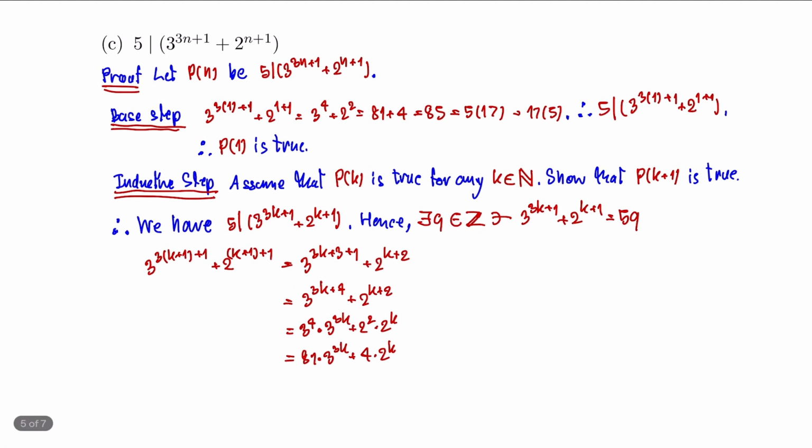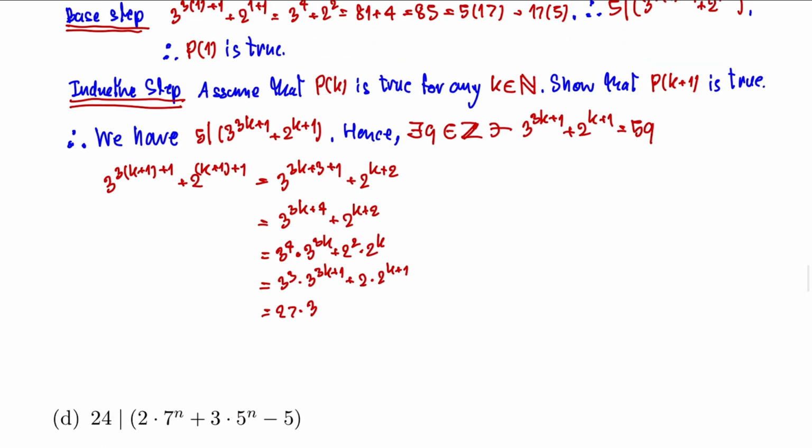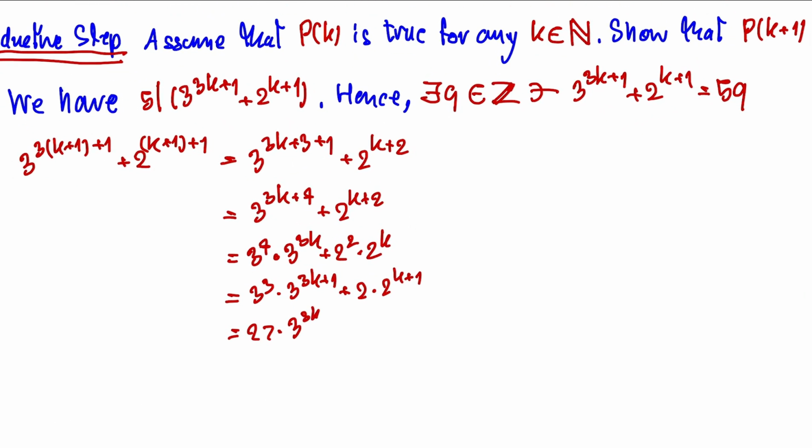I need to have 3k plus 1 here and k plus 1. So I'm going to have to erase this one. I'm terribly sorry. So we're going to have 3 to the 3 times 3 to the 3k plus 1 plus 2 times 2 to the k plus 1. So we're going to have 27 times 3 to the 3k plus 1 plus 2 times 2 raised to the k plus 1.